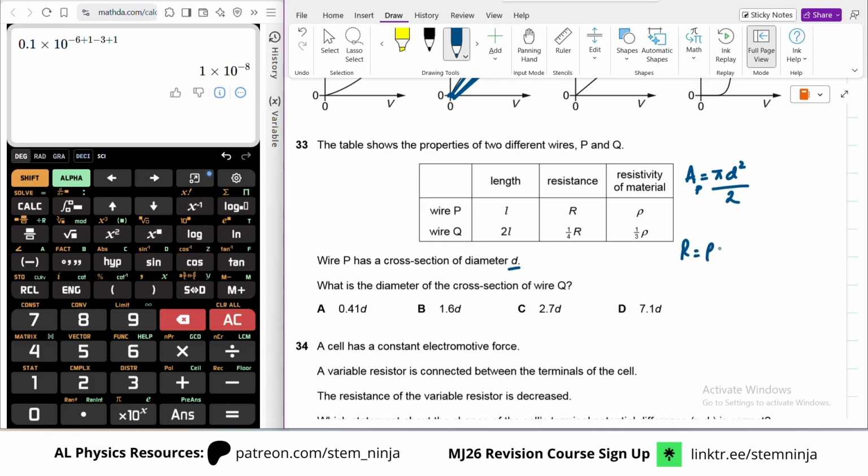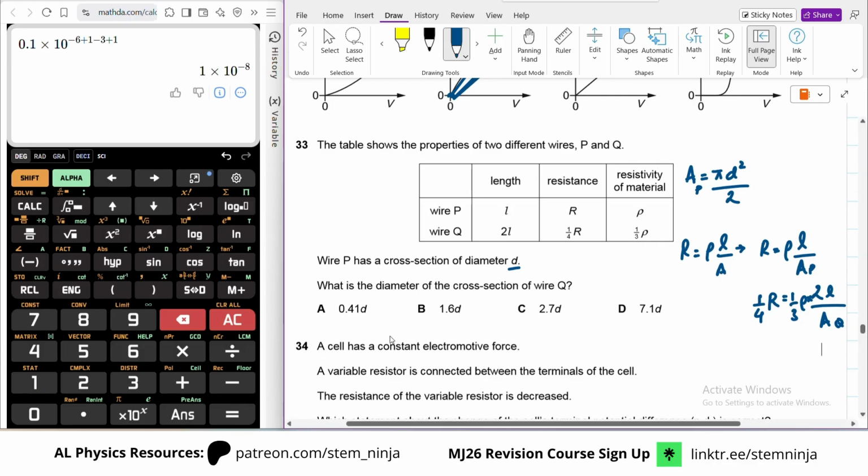So resistance is equal to rho L over A. Let's first figure out what the area ratio is. This is AP, and this is 1/4 of R. Length is 2L. This is 1/3 of rho, and we need to know what AQ is.